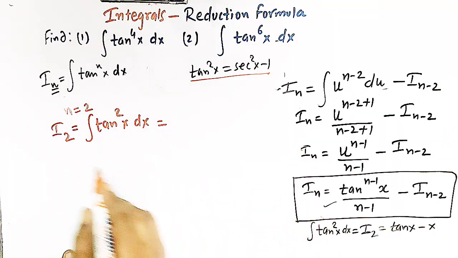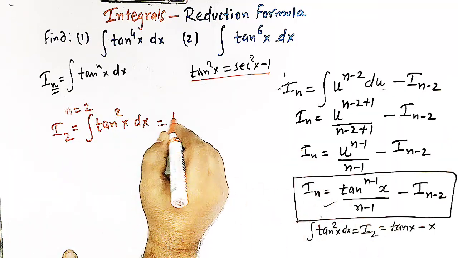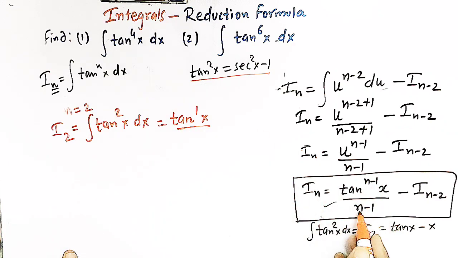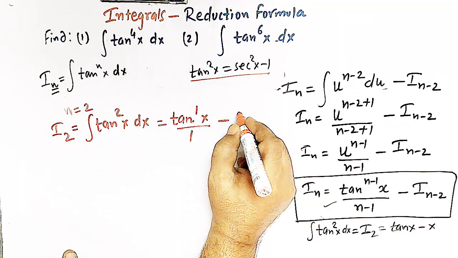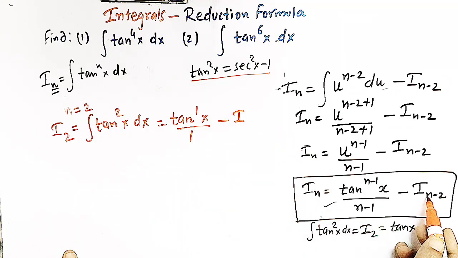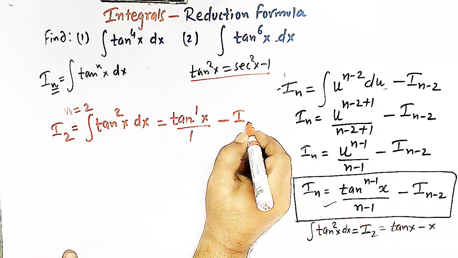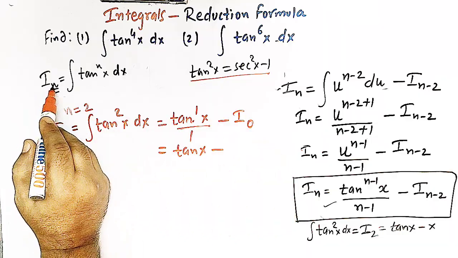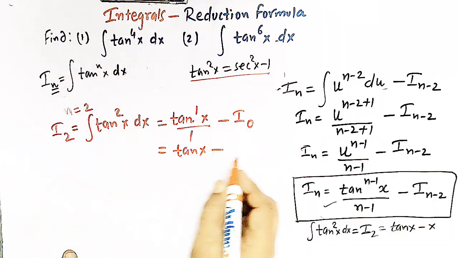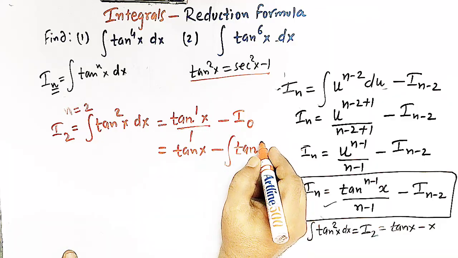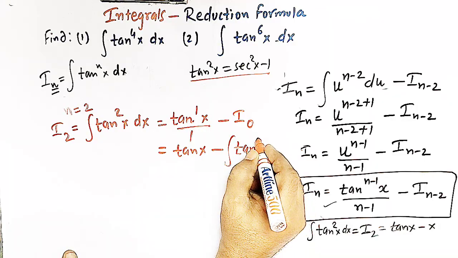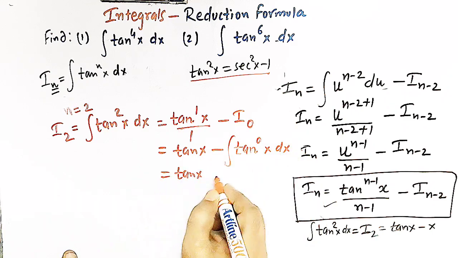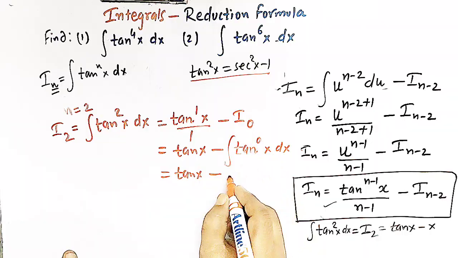So here taking n is equal to 2, we have I2 is equal to tan of 2 minus 1, that is 1, over 2 minus 1, that is 1, minus I0, since n is 2 and 2 minus 2 is 0. So here we have simply tan x, and I0 is given by this expression. This is the integral of tan x raised to the power 0 dx, and tan x raised to 0 is 1.